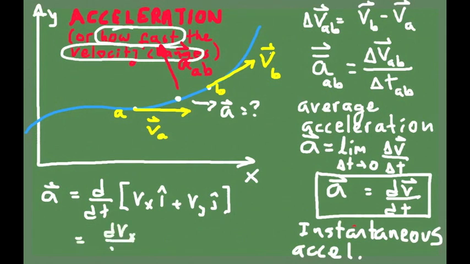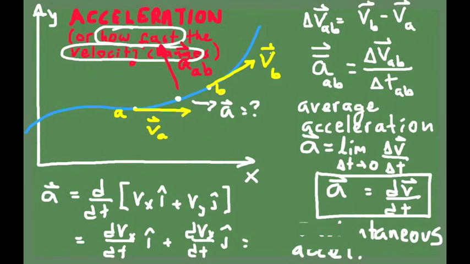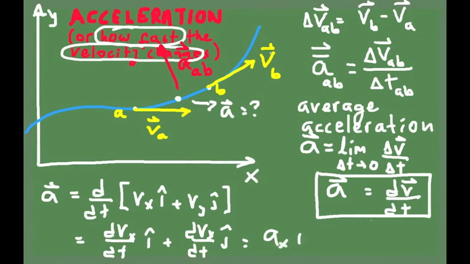So the derivative applies to the vx term and the vy. So we end up with two components, where the x component of the acceleration is going to be given by dvx/dt, and the y component of the acceleration is going to be given by dvy/dt.